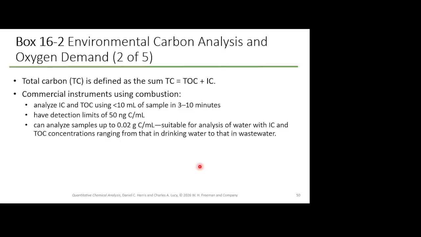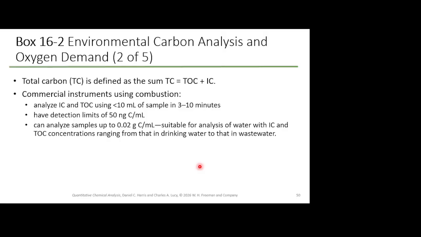So the total carbon, that's TC, is going to be defined as TOC, total organic carbon, and the inorganic carbon added together, of course. Commercial instruments using combustion can analyze the IC and TOC of a less than 10 milliliter sample in 3 to 5 minutes. They have detection limits of about 50 nanograms of carbon per milliliter of the sample, which is quite excellent, actually.